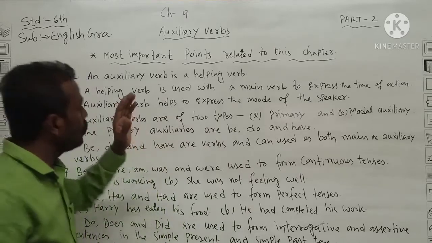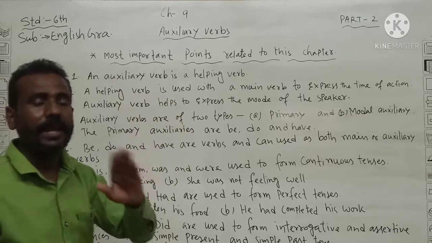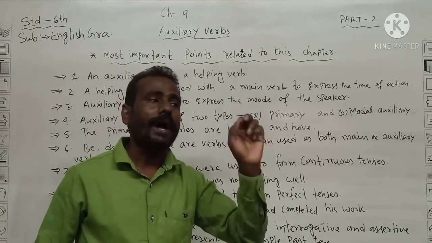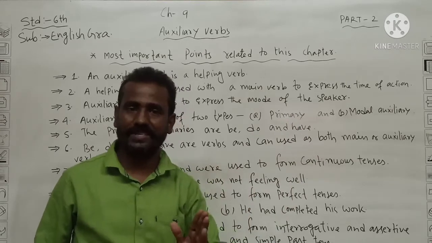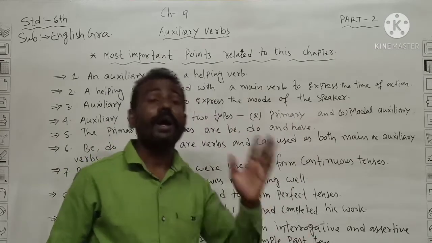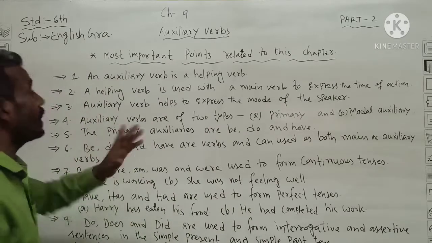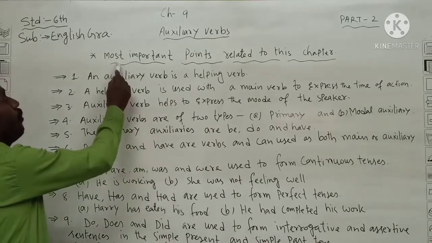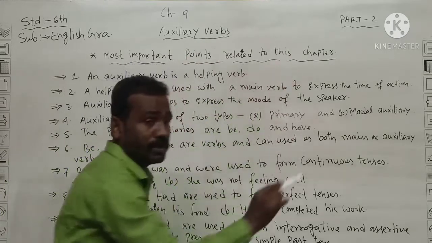If you don't read the chapter line by line, it is difficult to attempt the questions, fill in the blanks, MCQ and match the following. That's why I have written here the most important points related to this chapter.